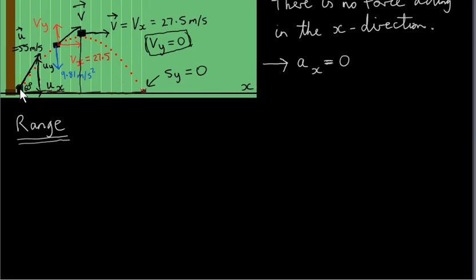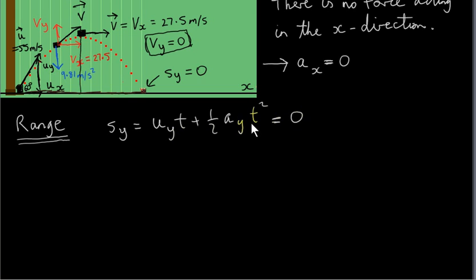Well, it's also 0 when it's launched, of course, at the instant it's launched. So what we do is we put Sy equal to 0 and solve. So Sy equals Uy t plus a half Ay t squared. So this is just the formula for linear motion with constant acceleration in the y direction. The acceleration in the y direction is a constant minus 9.81 meters per second squared. So we just set this equal to 0.